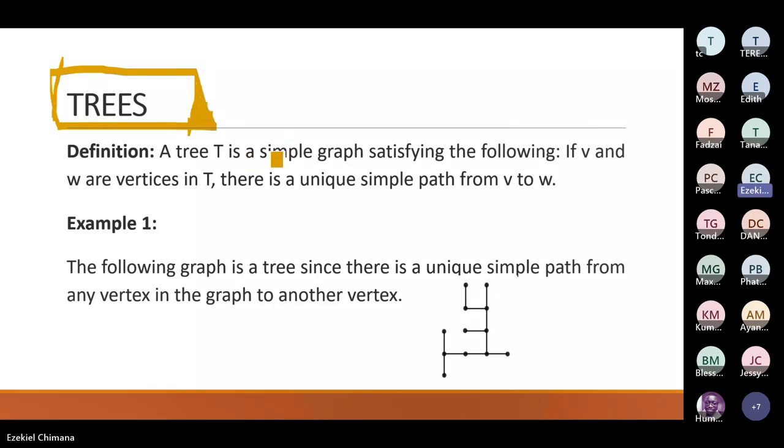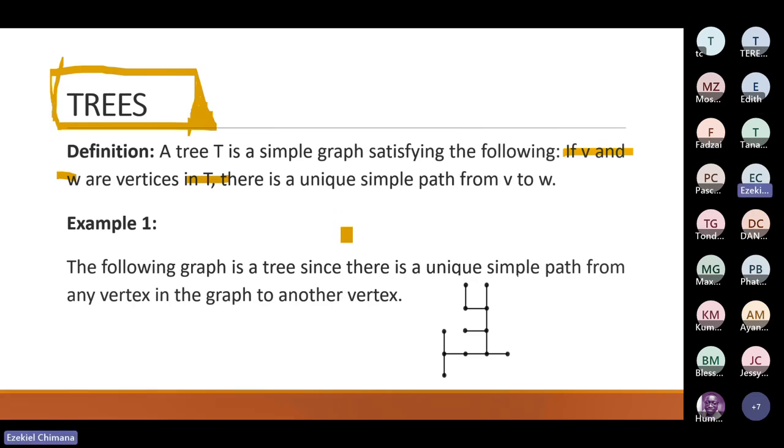So let's just do the trees. So definition: a tree is a simple graph satisfying the following. It must satisfy the following: if V and W are vertices in a tree T, there is a unique simple path from V to W. So you are saying if we have vertices V and W in our tree, we must always have a simple path, not a closed one, but a simple path from what?